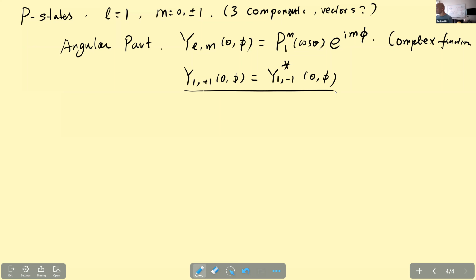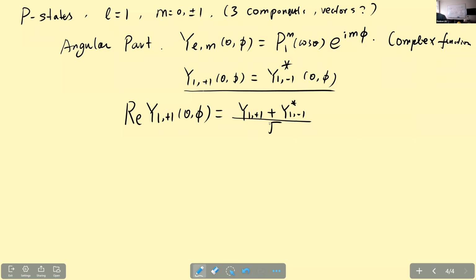So then we can use these 2 to form new states. So we can consider the state as the real part of this one. And this one, of course, just equals to Y_1,+1 plus its complex conjugate, divided by 2, right? Okay.